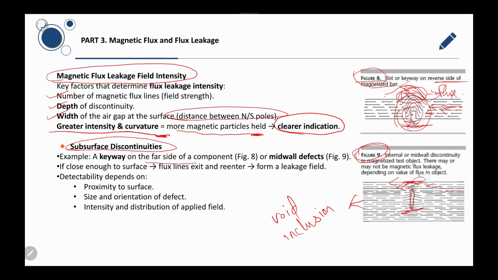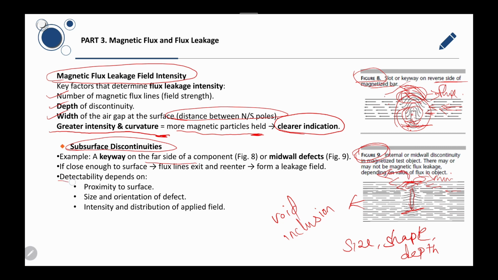Detection depends on the strength of magnetization and the size, shape and depth of the flaw. If leakage reaches the surface, magnetic particles can indicate the defect, but small or deep flaws may go undetected.